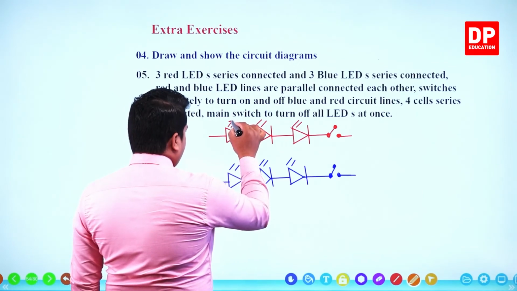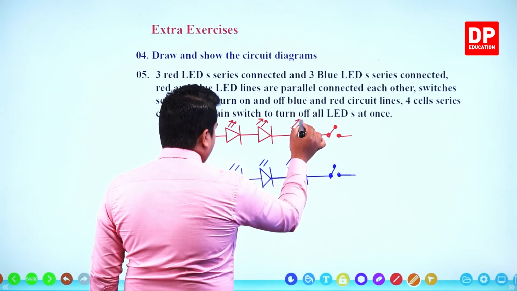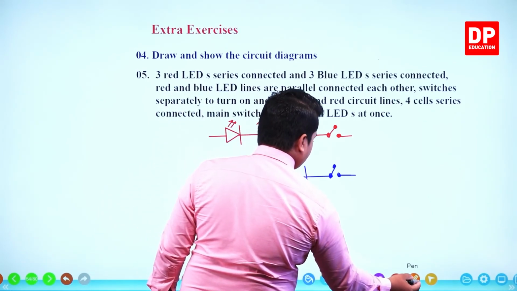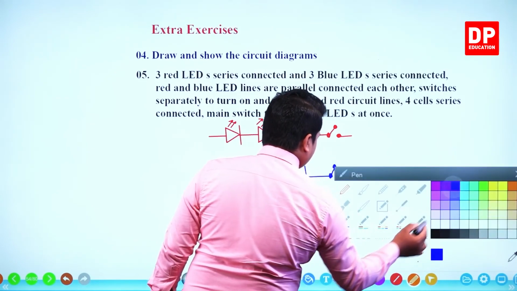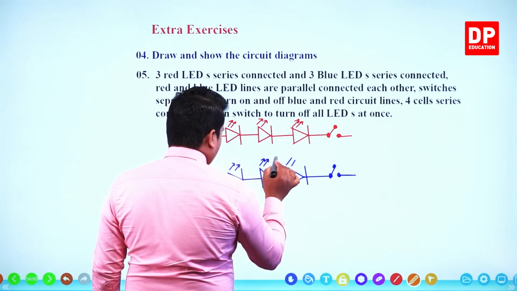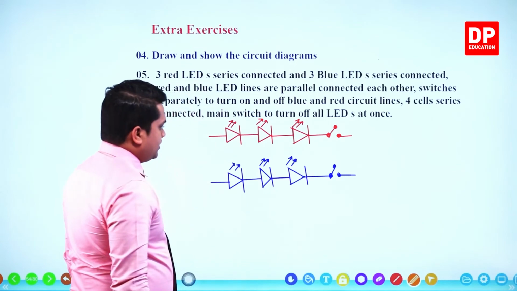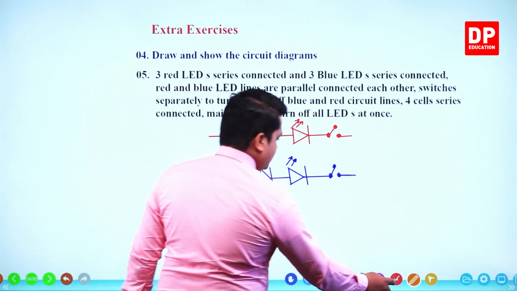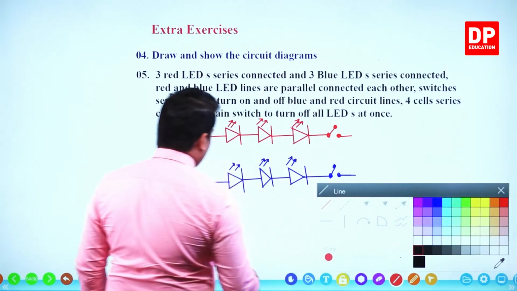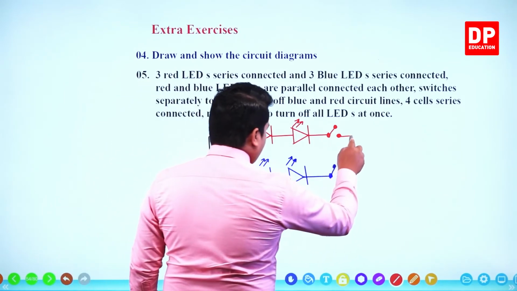So let's draw and show the arrowheads, my dear children. Right. LEDs. Then let's interconnect these things by using connecting wires. So I'm going to use black color ones as my connecting wires.